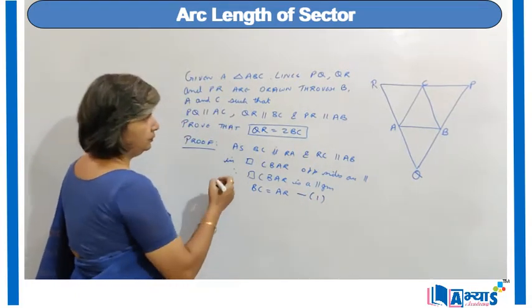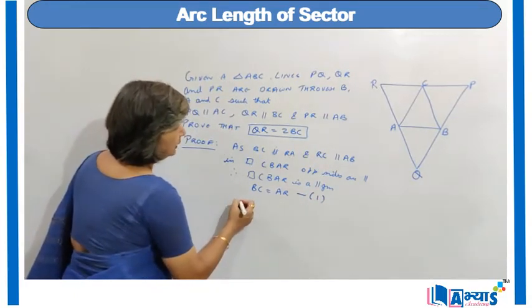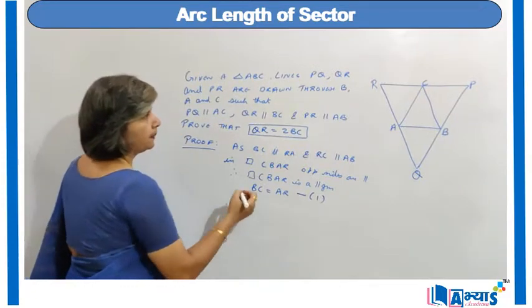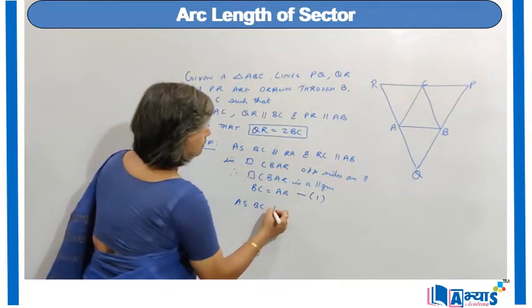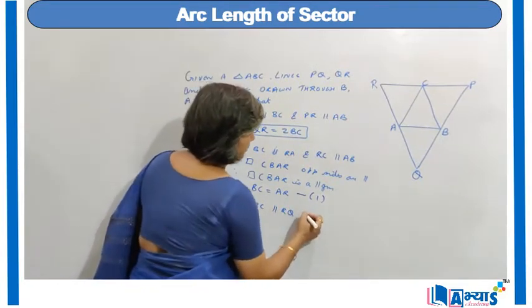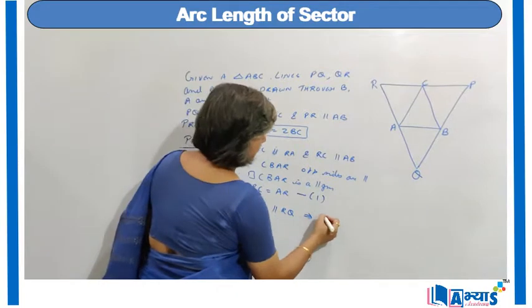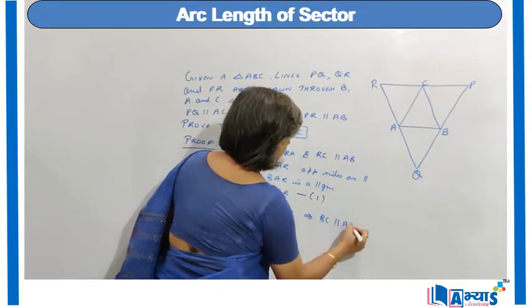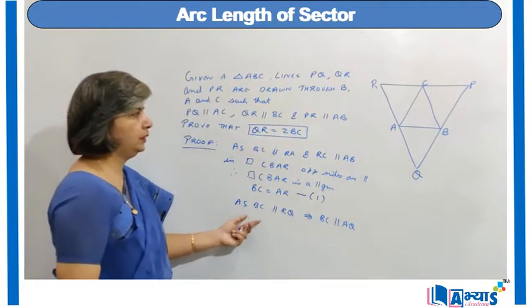Now we know that as BC is parallel to RQ, this implies BC is parallel to AQ, because AQ is a part of RQ.